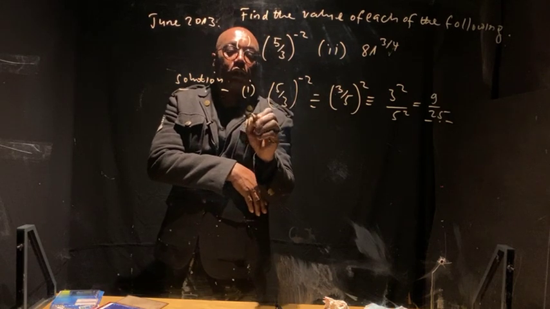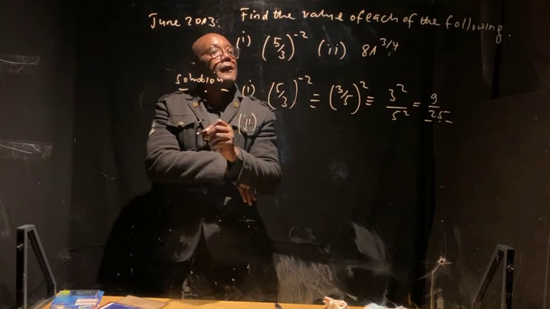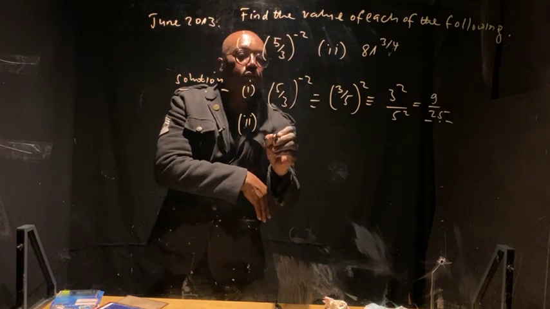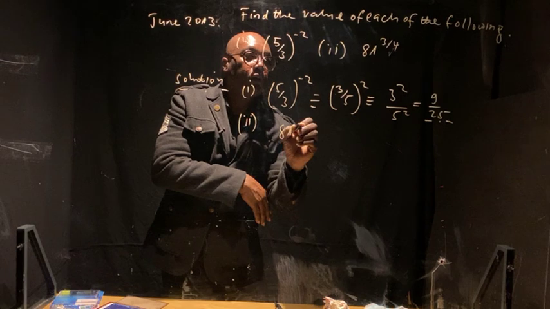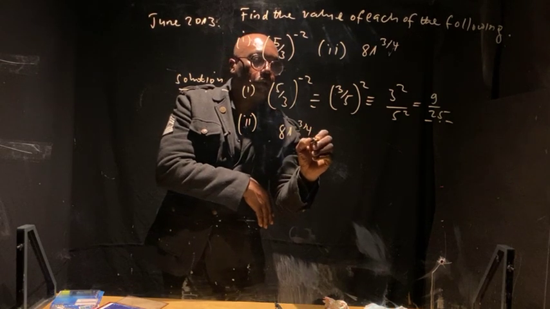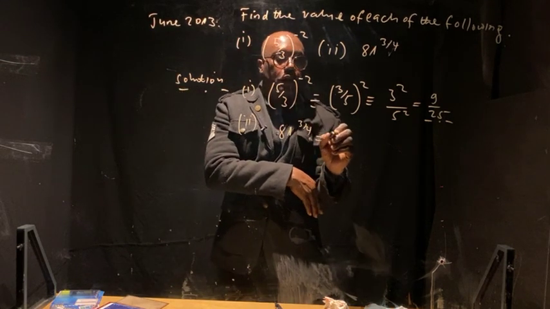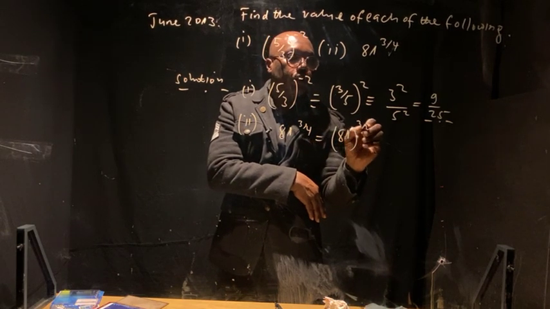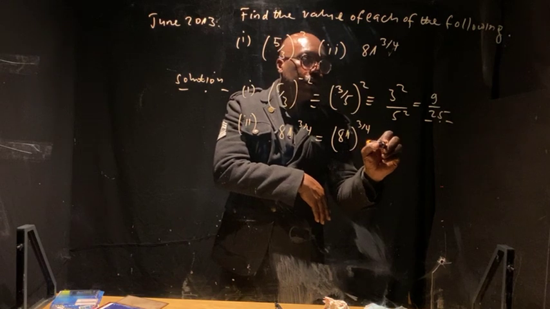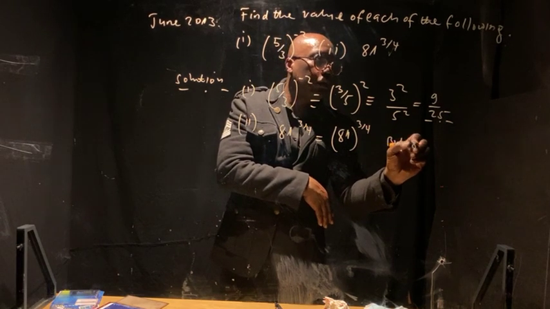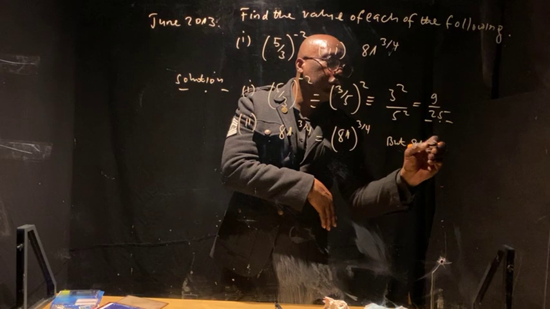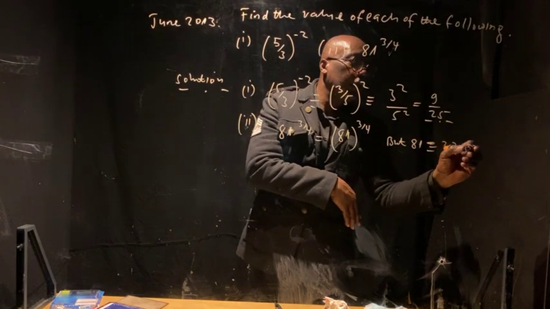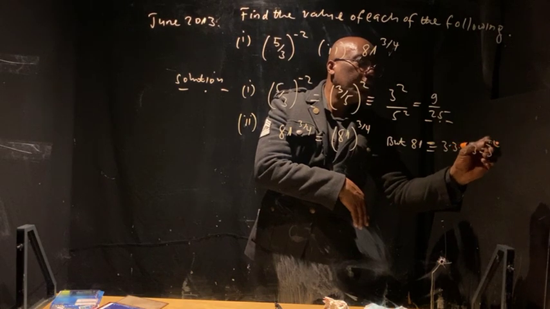The second question says 81 raised to the power 3 over 4 is not different from 81 to the 3 over 4. But 81 is also equal to 3 times 3 times 3 times 3, which is 3 raised to the power 4.